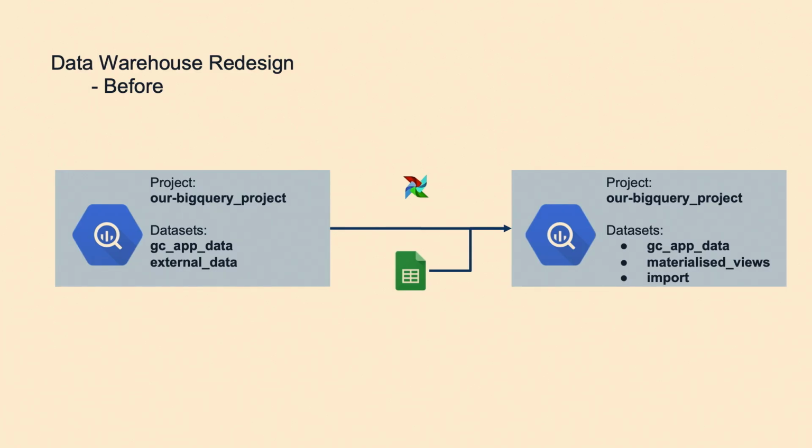So this is how our data warehouse looked before we did the redesign. Everything lived in a single project. We did data transformations in Airflow. We joined in reference data that lived in Google Sheets, and we put that transformed data back into the same project. Now, this approach had 2 major problems for us. The first was our redacted and unredacted data lived in the same project.